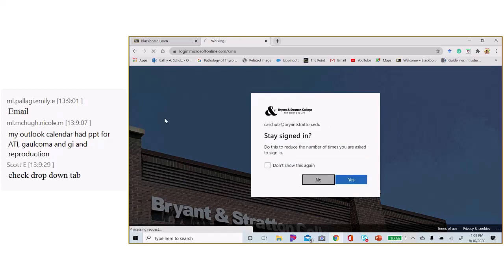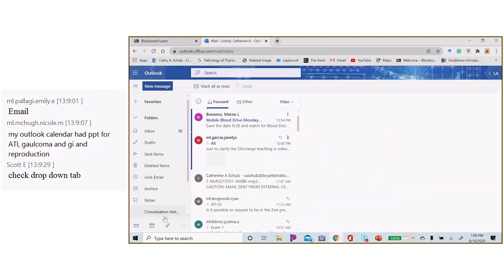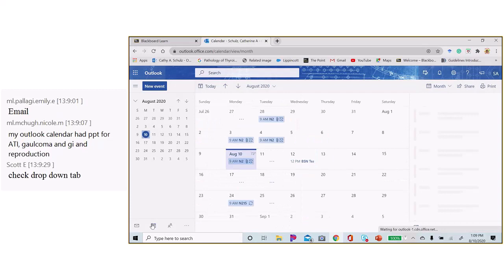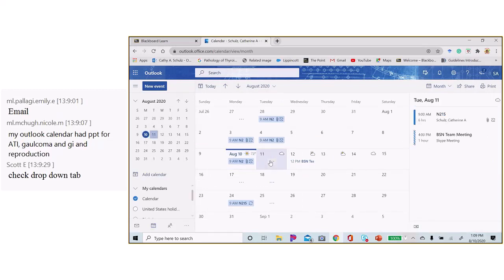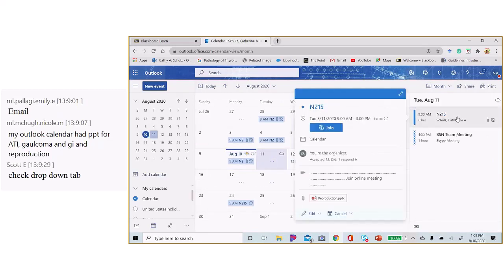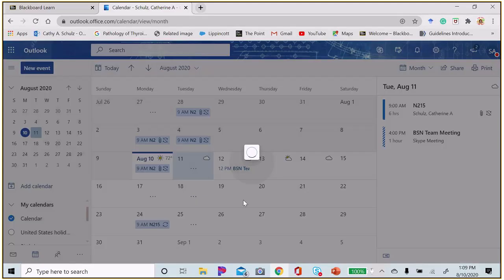I can add it really fast. It does say 4 attachments, so I see the 4. It might just not have the osteoporosis in there.